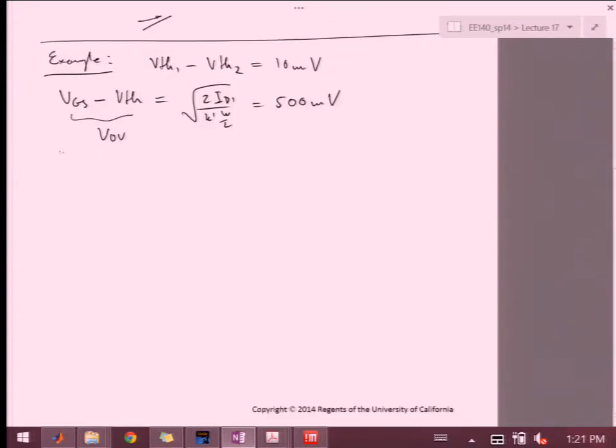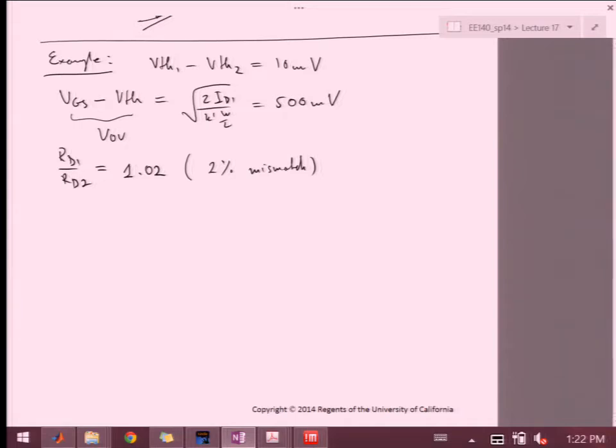And let's say I have a mismatch in the ratio of the two resistors loading the diff pair of 2%. This is actually really good for integrated circuit processes.